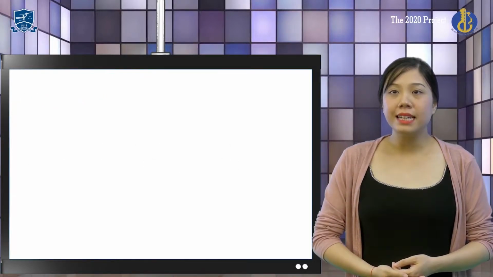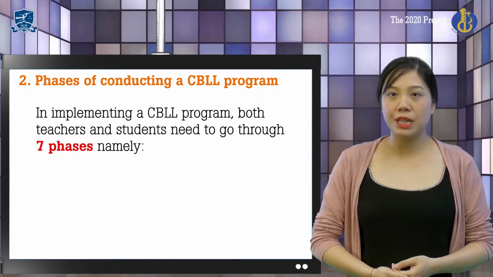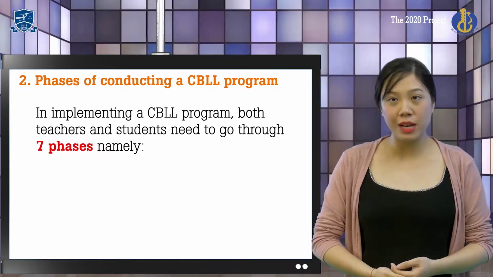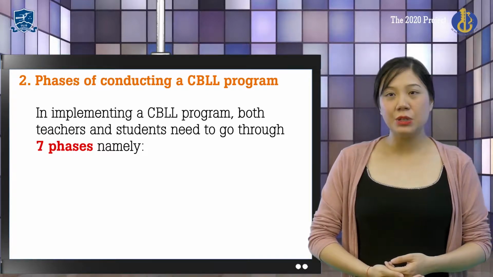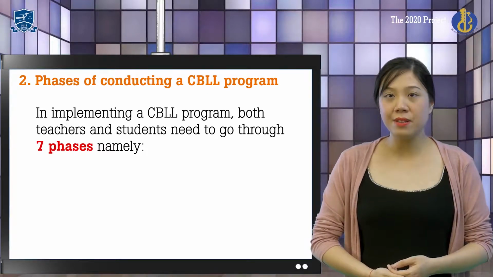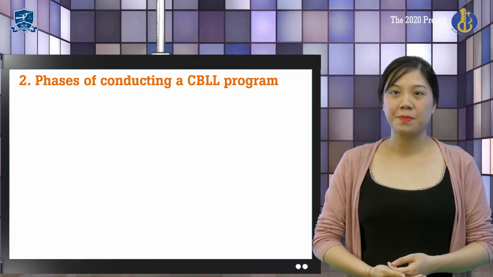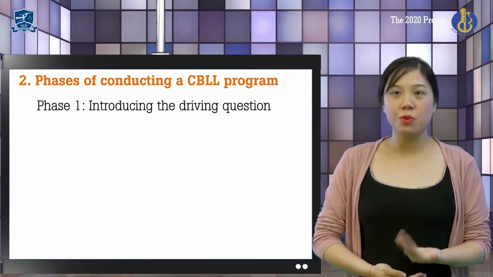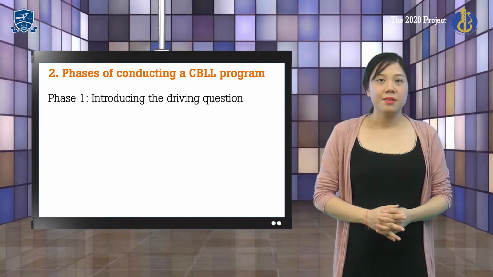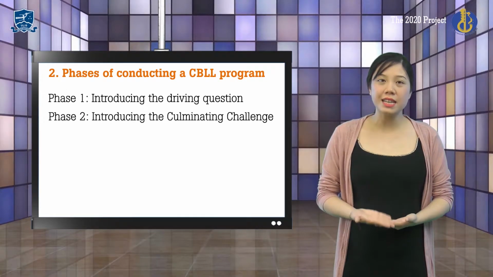In implementing a community-based language learning program, normally both teachers and students need to go through these 7 phases. Phase 1. Introducing the driving question. Phase 2. Introducing the culminating challenge.